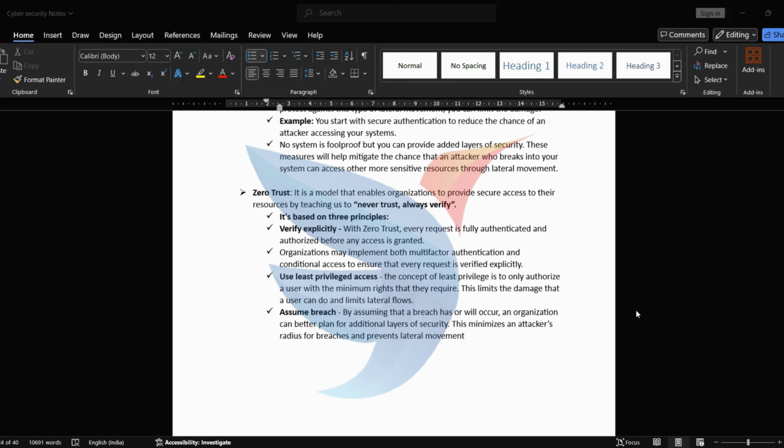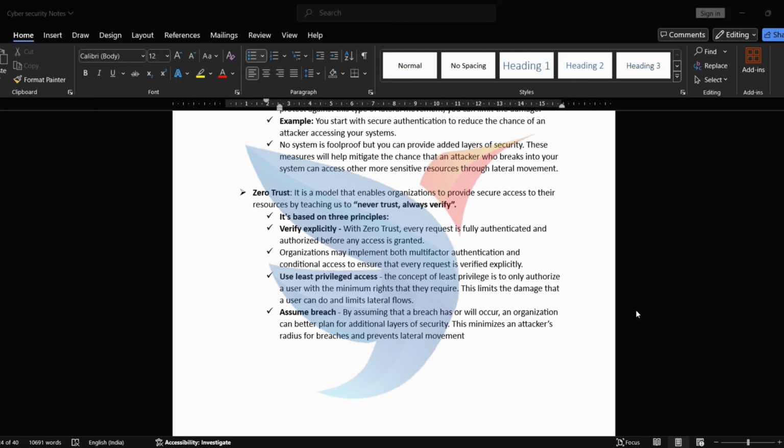Let's see what is least privilege access. The concept of least privilege is to only authorize a user with the minimum rights that they require. This limits the damage that a user can do and limits lateral movement.